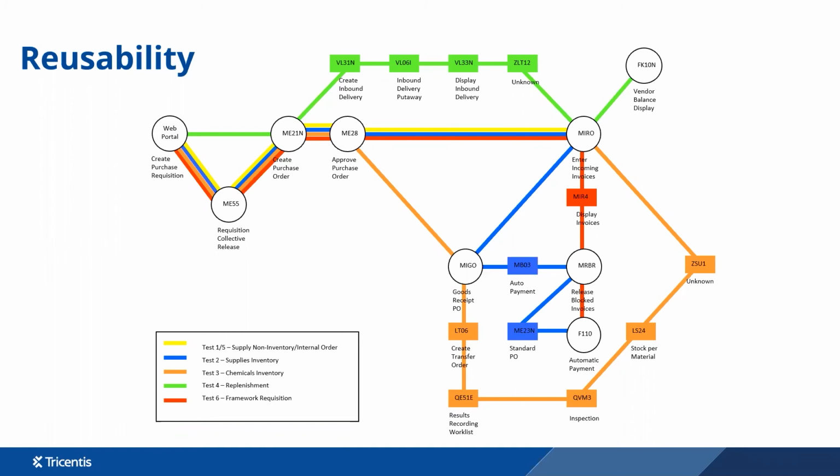What you would probably need to do for ME28, which is the approval transaction in that case, is put some looping logic in there so that you're reusing the steps, looking for a particular approval indicator on the screen, and when it's not visible, you know that you've reached the end of the approval process.